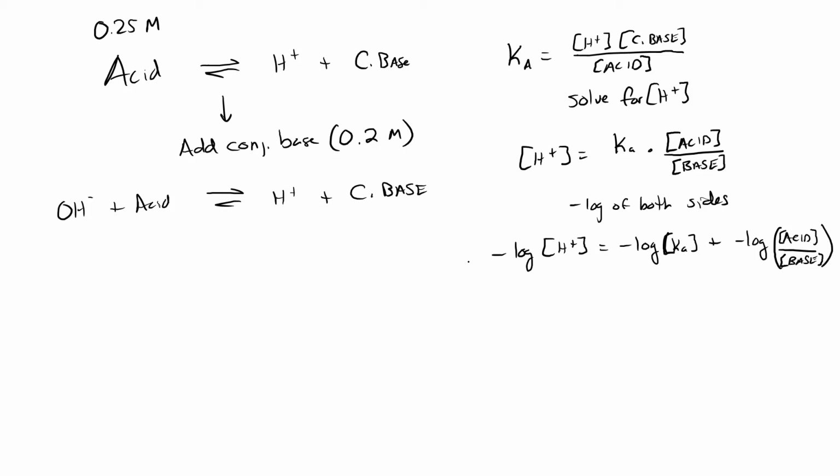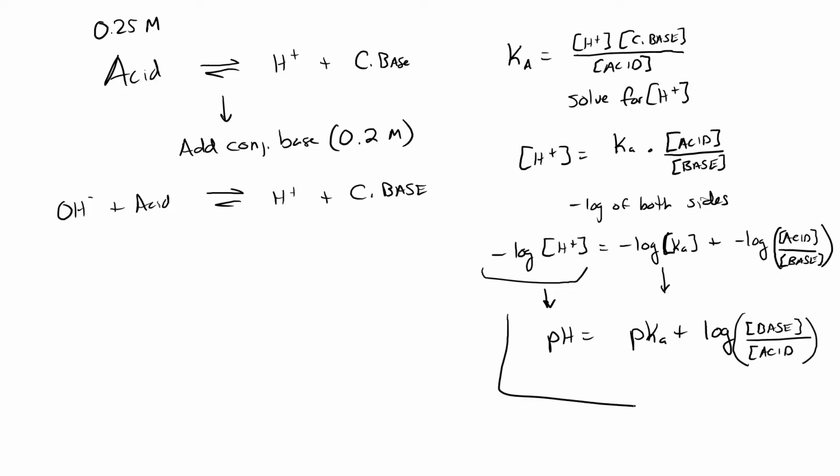Now, a couple of these terms look familiar. The negative log of H plus, we know that is pH. So the pH of a solution equals the pKa, the negative log of the Ka, plus, and I'm going to multiply this negative through the log. The negative log of something is just the log of the reciprocal of it. So we're going to say the pKa plus the log of the concentration of the base divided by the concentration of the acid.